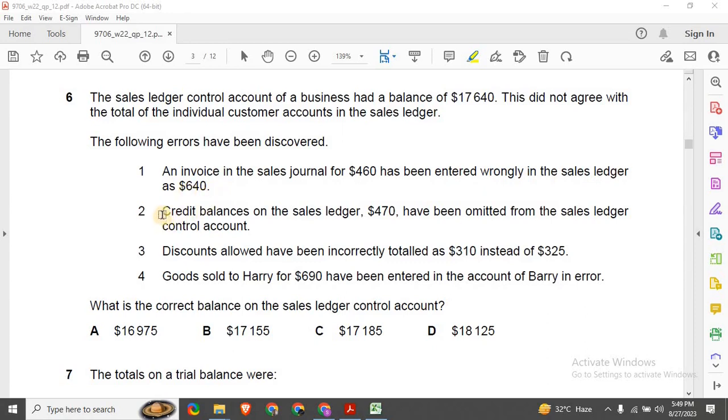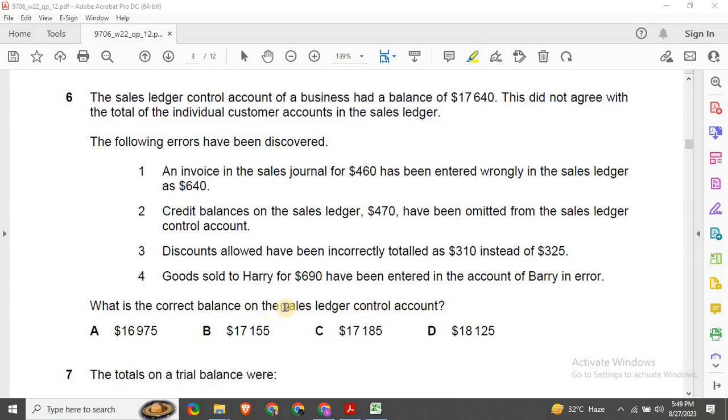Then a credit balance on the sales ledger of 470 has been omitted from the sales ledger control account. Then discount allowed has been incorrectly totaled as 310 instead of 325. Last one, goods sold to Harry for 690 has been entered in the account of Barry in error. What is the correct balance on the sales ledger control account?